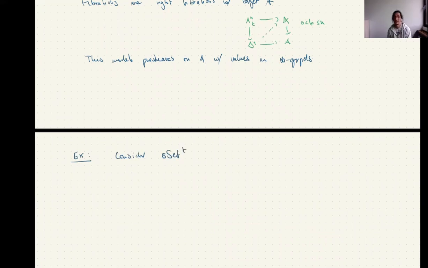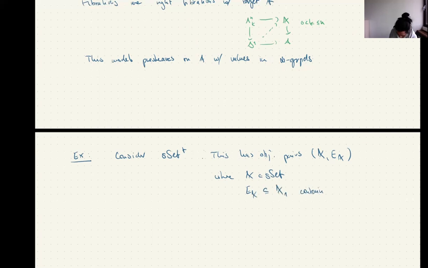So the category of marked simplicial sets has objects, pairs (X, EX), where X is a simplicial set and EX is a set of one-simplices, and these are supposed to contain all the degenerate one-simplices.